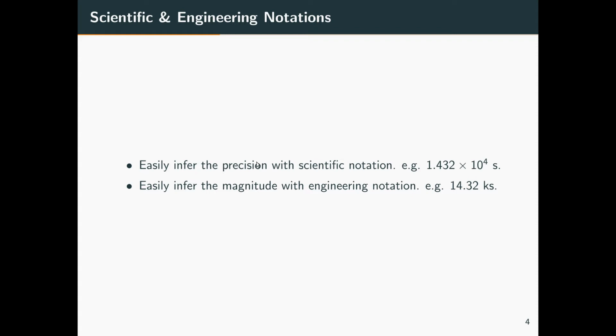Well, immediately we see that the way that precision is inferred is a little bit different. So in this case we have 3 positions of precision, or 3 decimal places of precision, and in this case we have only 2. But they both do an excellent job at communicating precision, and they both do an excellent job at communicating magnitude.